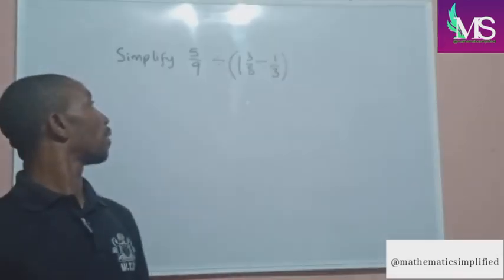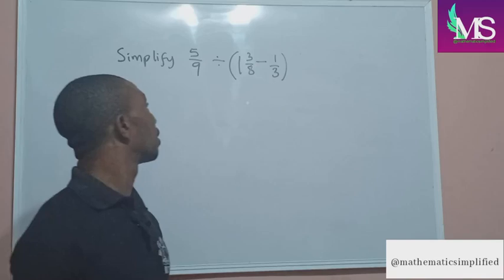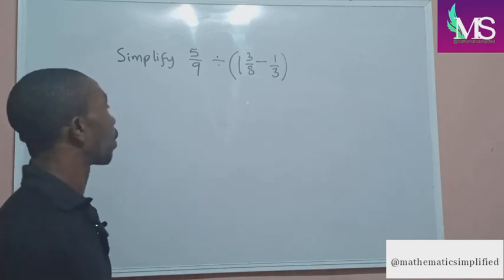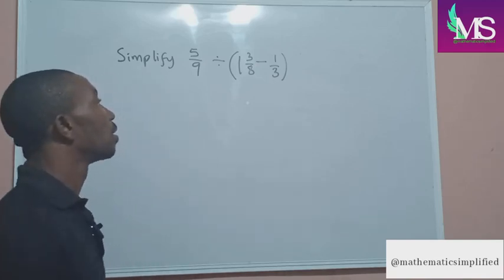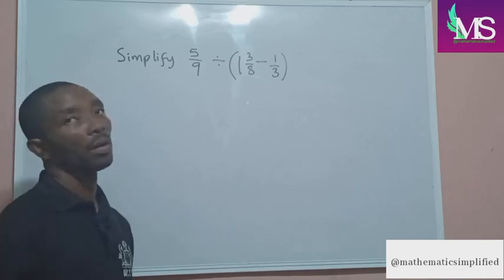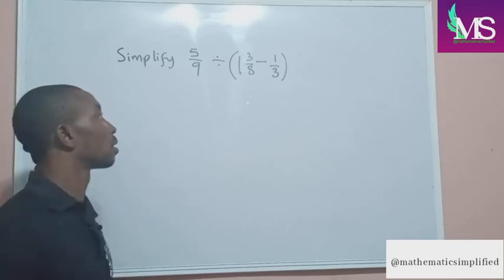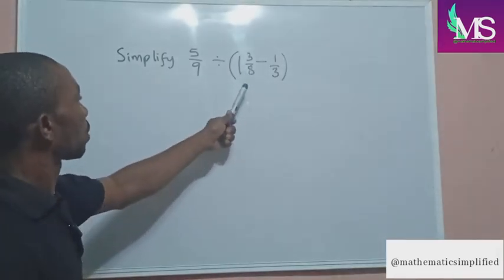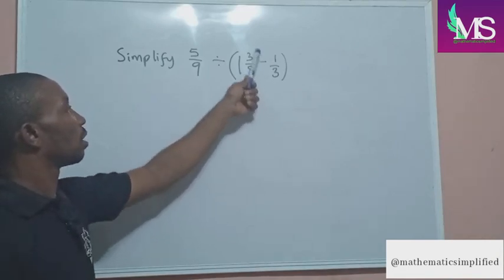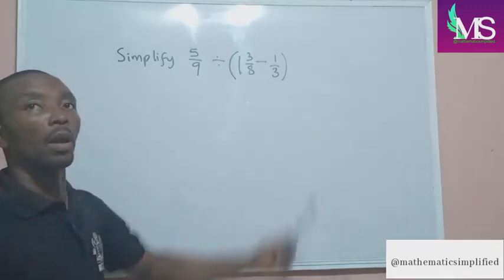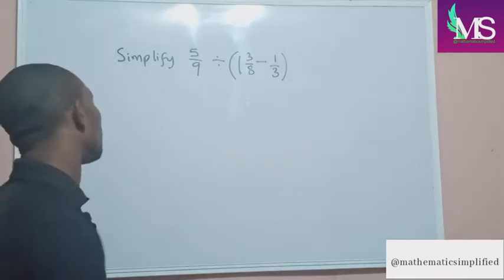It says simplify 5 over 9 divided by bracket open 1 3 over 8 minus 1 over 3. Now in doing this, we'll first of all work with what's in the bracket. First, in our bracket, we have to convert this mixed number to an improper fraction.